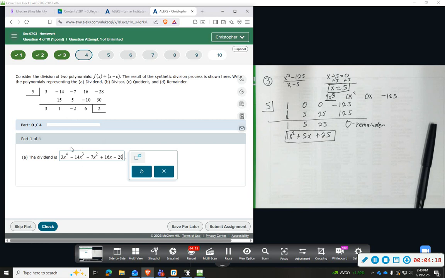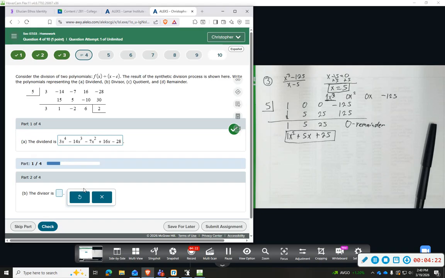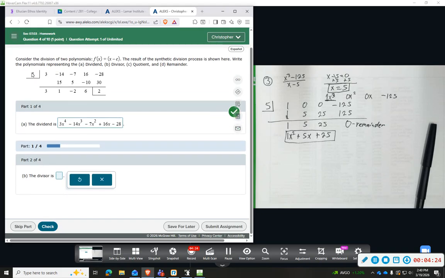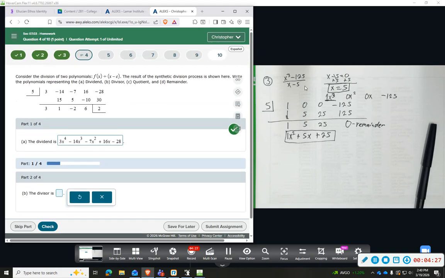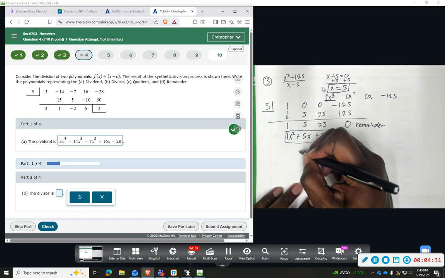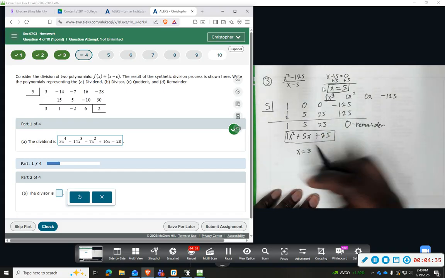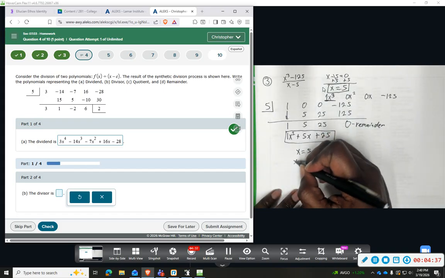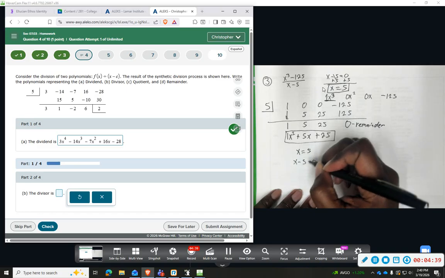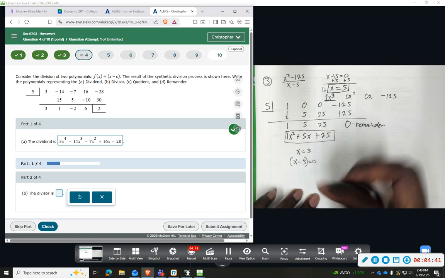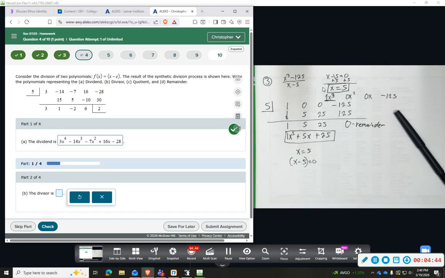So here's our original dividend. The divisor. So since we have a 5 in the box, remember how we worked backwards. So usually I would start out, okay, whatever's in the box, x equals 5, and then work backwards to get it equal to 0. So you would subtract 5. So this term is our divisor, x minus 5.